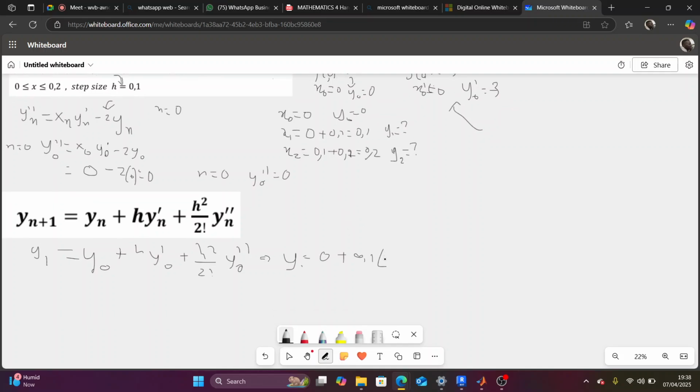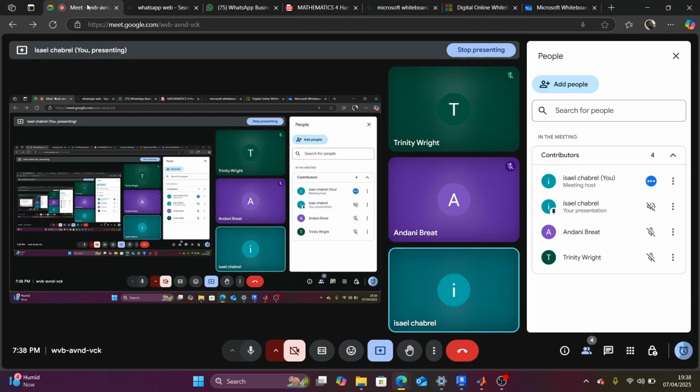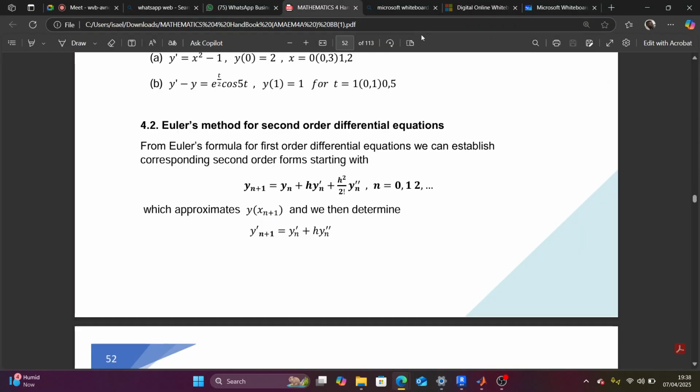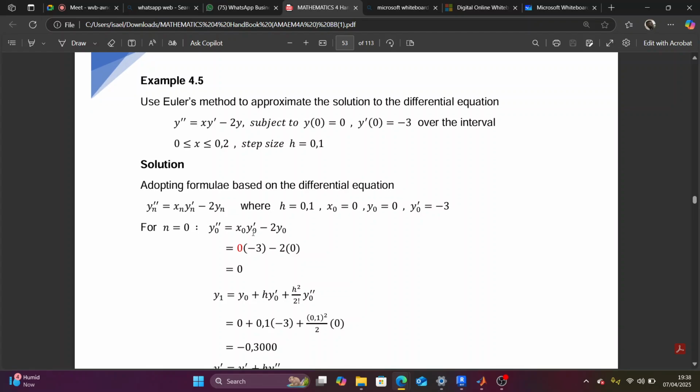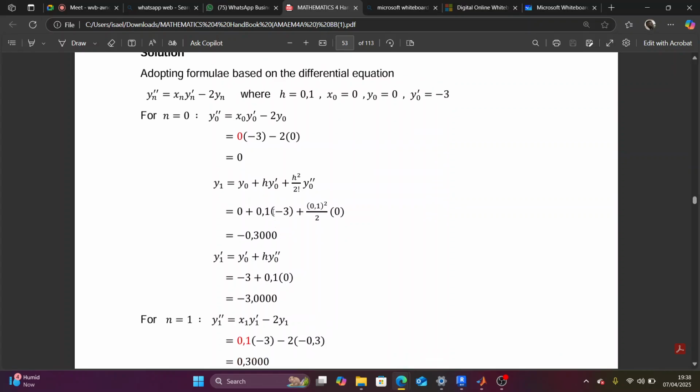So we have minus 3, and then plus h squared, which is 0.1 squared, divided by 2 factorial multiplied by y second 0. Remember, y second 0 is 0. So y1 here is equal to this times this. What did they get as answer? I hope you're with me, guys. Okay, they got minus this.